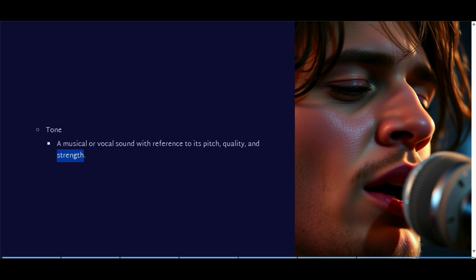And strength is if you don't sing in falsetto, you might be singing well, maybe with power and strength. So a tone is a combination of all three of these things. Tone is also the name of another thing, from the lesson tone, semitone, unison, but in this context, it is something entirely different.